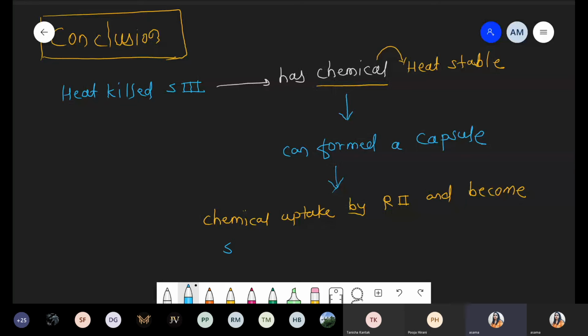So this becomes S3, that is, it started synthesis of capsule around their body. Got it?